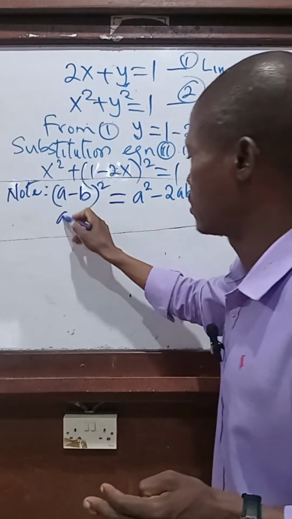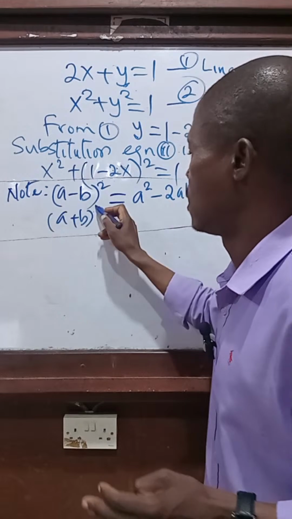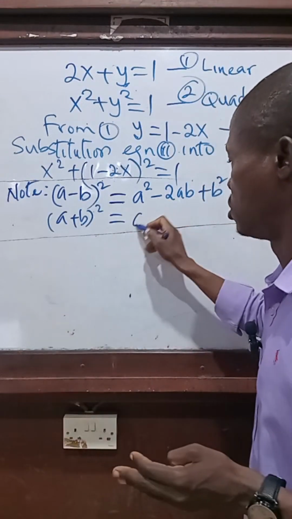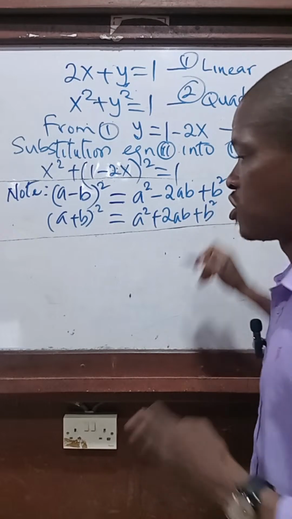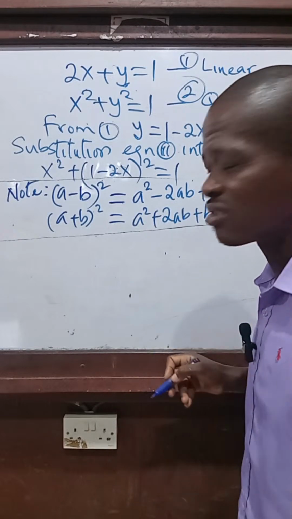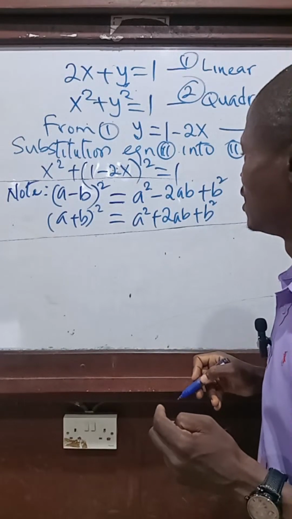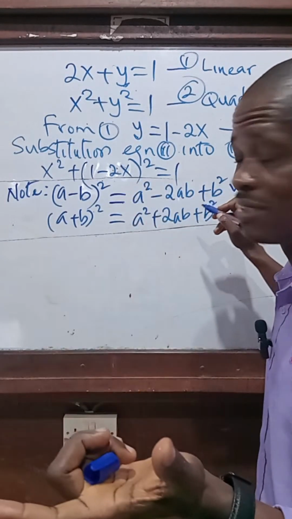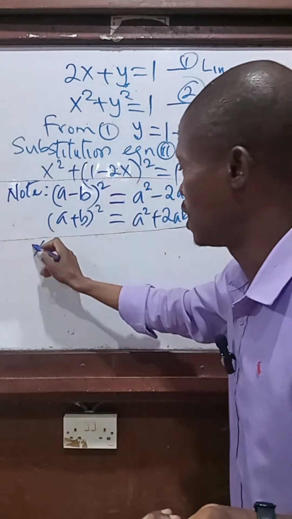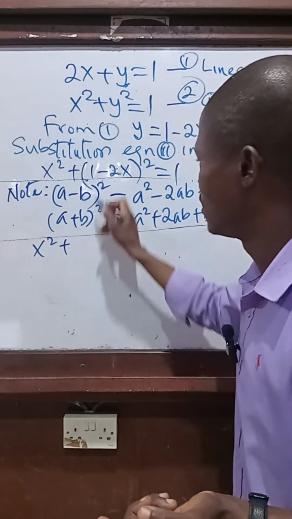If this is a plus, the whole expression will be plus. Okay, so let's use this identity to make the work faster for this one, and that will be equal to s squared plus this one.